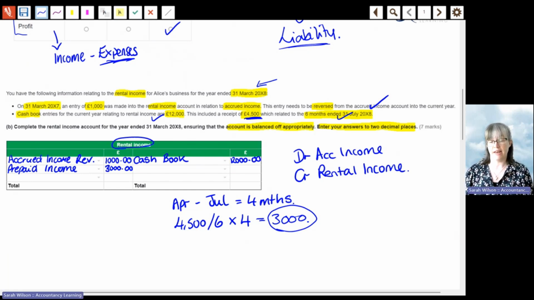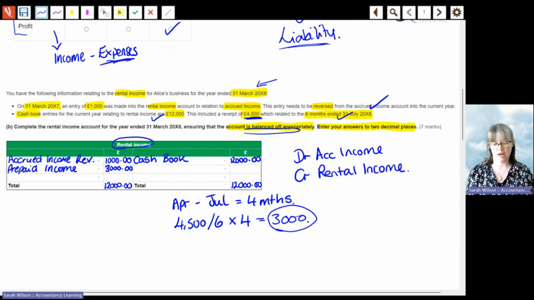So the final thing we then need to do is look at balancing off the account. So in the exam, your totals will populate automatically. So you would have a 12,000 total there. And we need to make sure that our debits and credits balance, so we're expecting a 12,000 debit there.